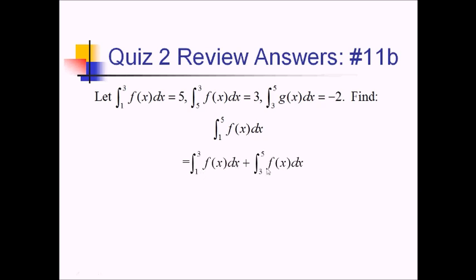So then if I were to add these back together, I would get the integral from 1 to 5. Now this is nice as far as it goes, but let's plug in some numbers here. So this first one is given to us as 5. For this next one, we have that upside down. So if we want to make it 3 to 5 instead of 5 to 3, we have to negate that number, that area, to give us negative 3. And then 5 minus 3 is 2.